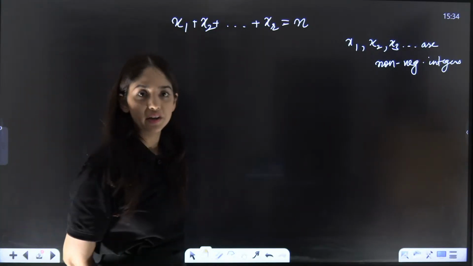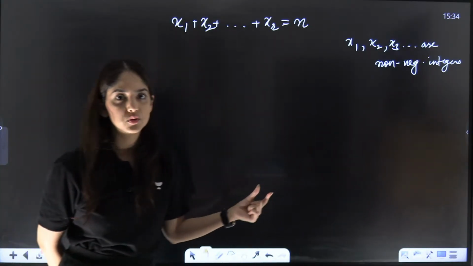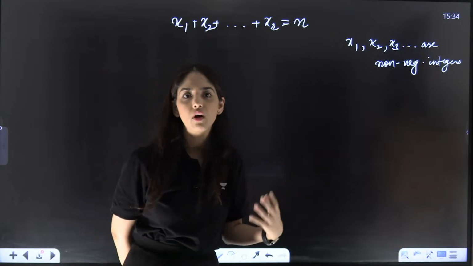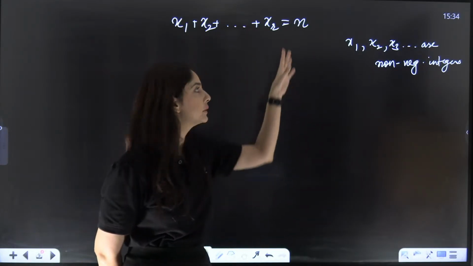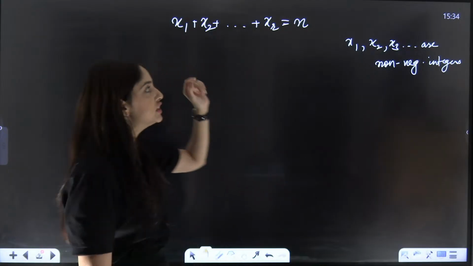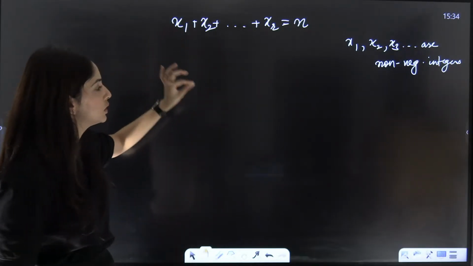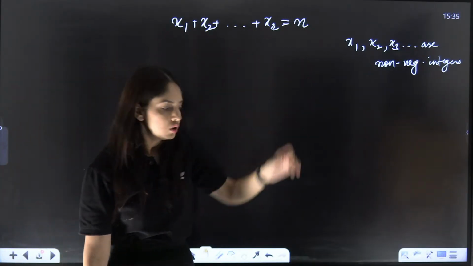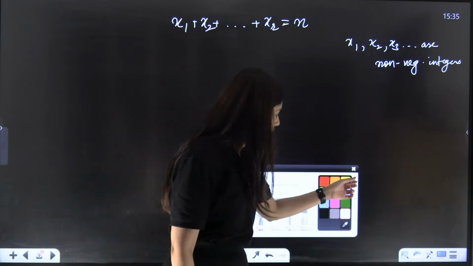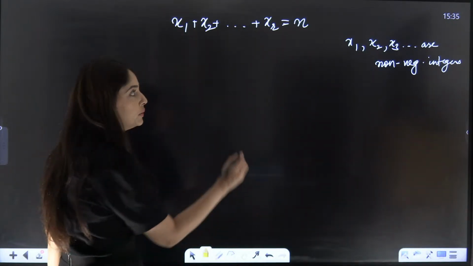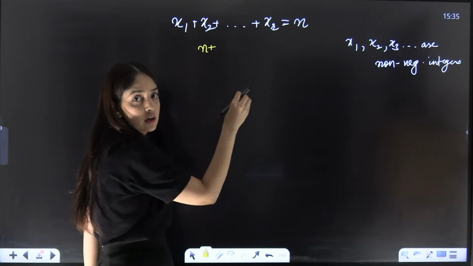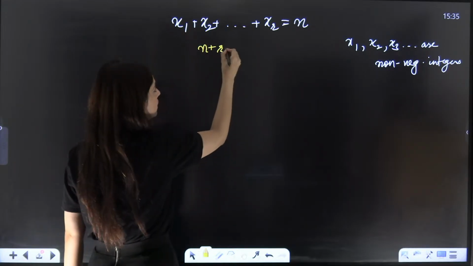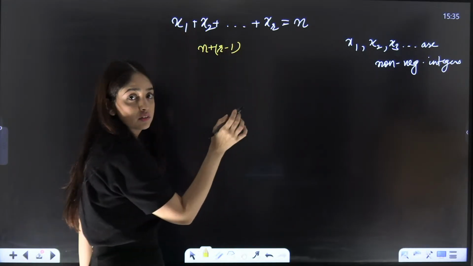Alright, so just like before, x plus y plus z, they were all 0 or 1 or up to n, because it cannot be negative, so the maximum it can go is up to n. So each of them can go from 0 to n. So we get a direct formula: we put n objects and r minus 1 partitions, right?